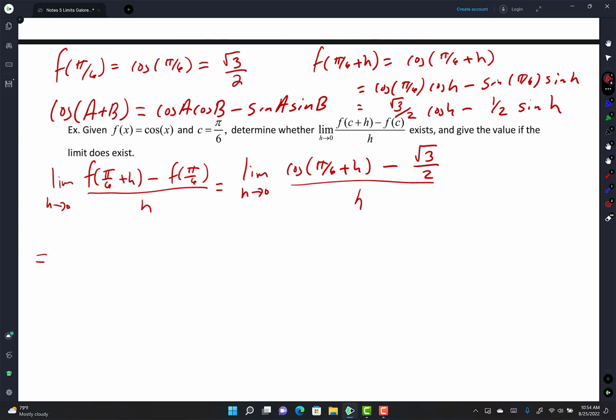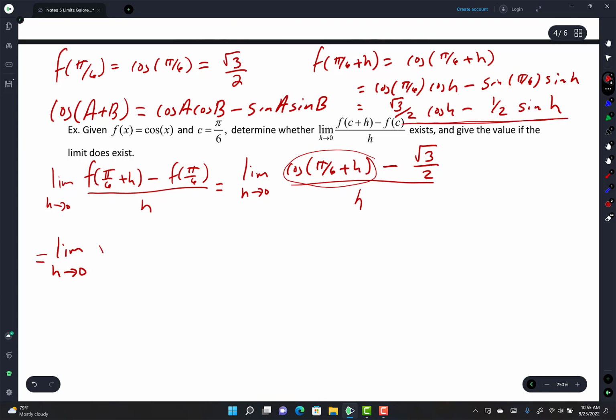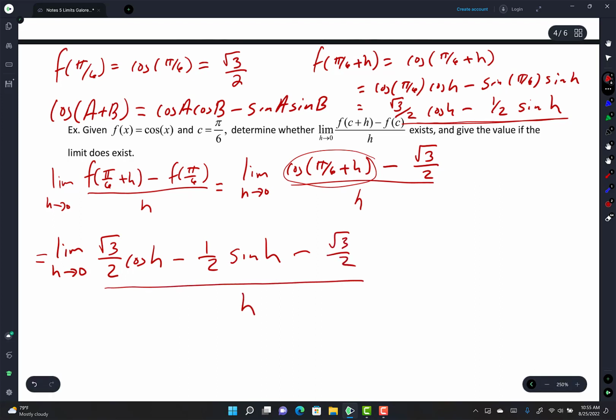Are we still cool? All right, here we go. I'm going to write limit as h approaches 0. And I'm going to write this first, which I have up here. It's that expression: square root of 3 over 2 cosine h minus 1/2 sine h. I still haven't gone to the denominator yet. Minus, I'm going to write the square root of 3 over 2. And all this is over h.